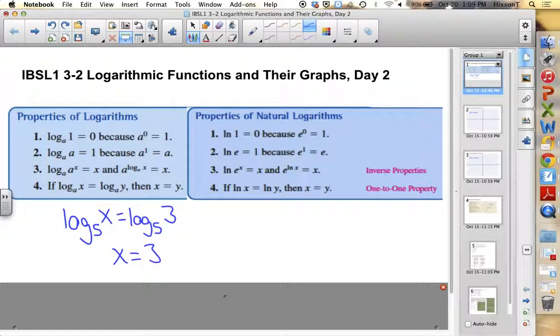Okay? Does that make sense to everybody? Okay? Alright. Now again, this isn't anything super difficult, it's just a matter of thinking in terms of your logarithms.